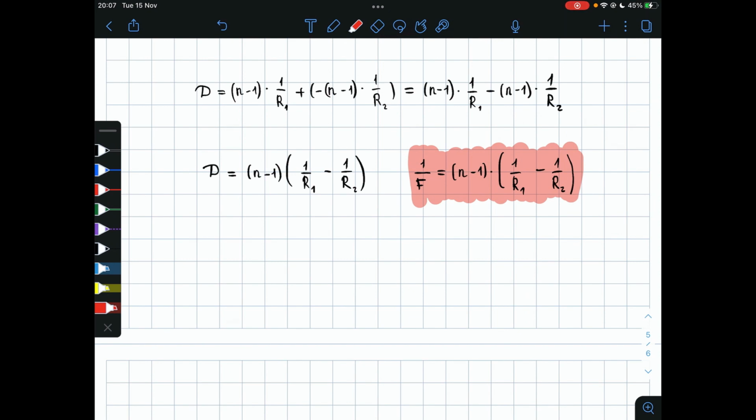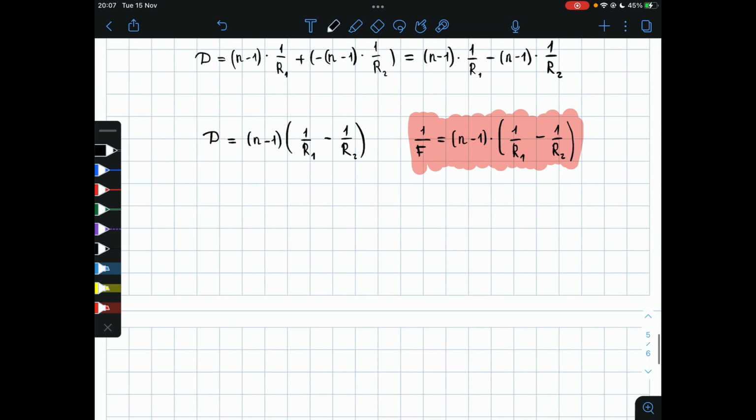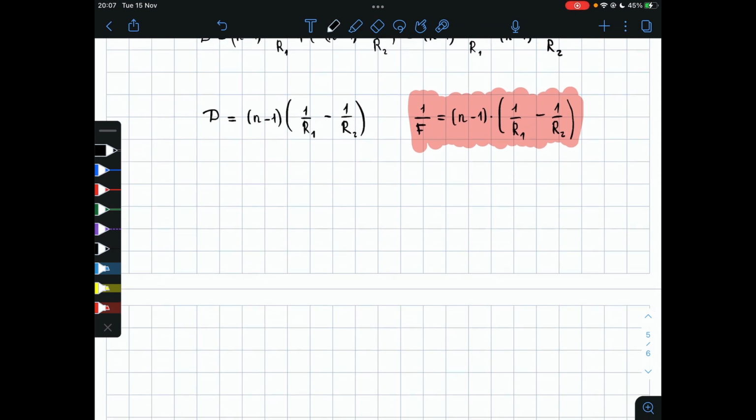For example, what kind of problems can we solve? Let me first write that this is the lens maker's formula, and we proved it.